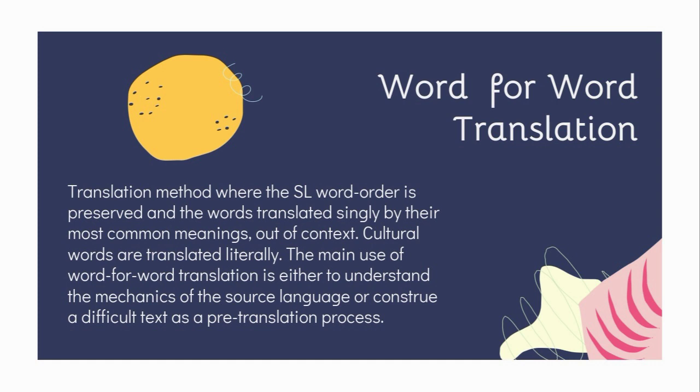The main use of word-for-word translation is either to understand the mechanics of the source language or to construe a difficult text as a pre-translation process. In short, word-for-word translation is a translation method of text done by translating word by word sequentially without looking at how the words are used together.